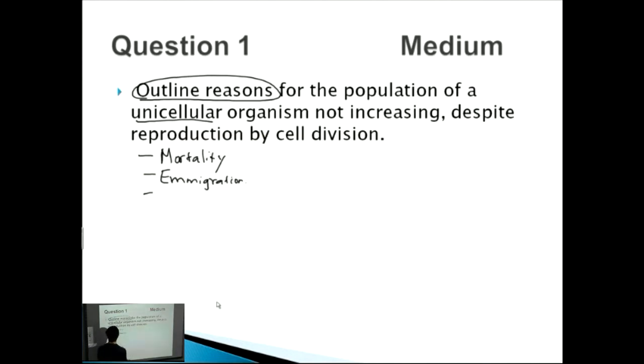And let's talk about the balance as well now. So when mortality as well as emigration supersedes or is greater than natality and immigration, that's when we have an organism population not increasing.